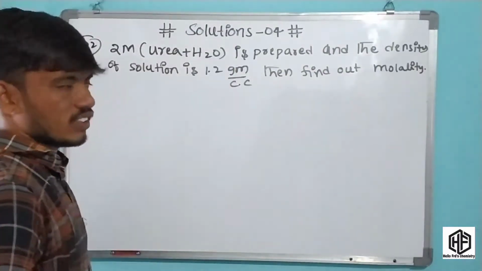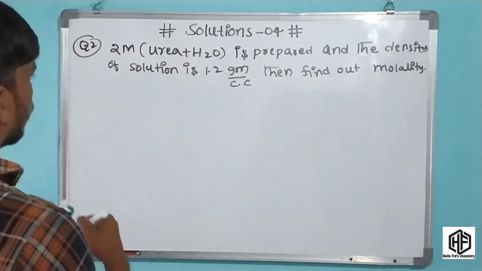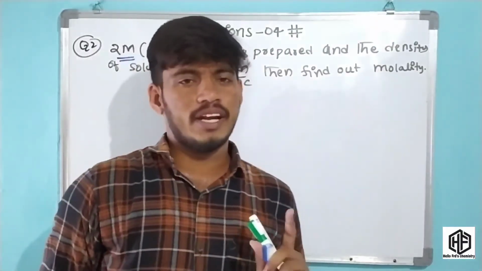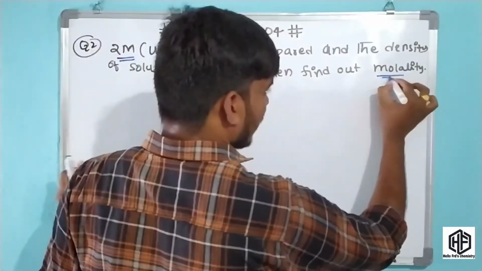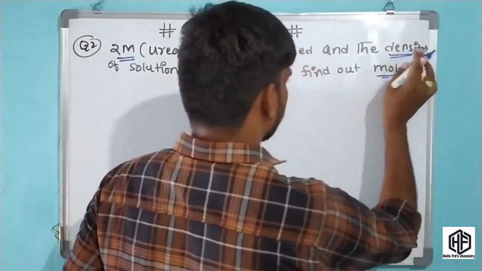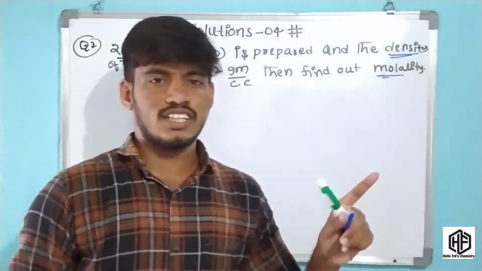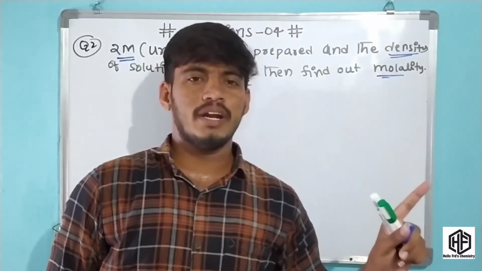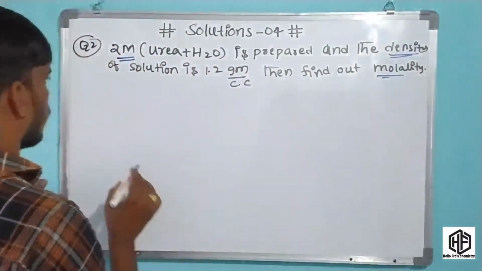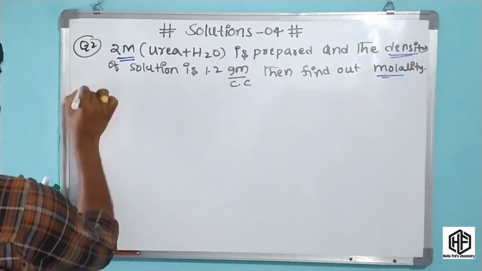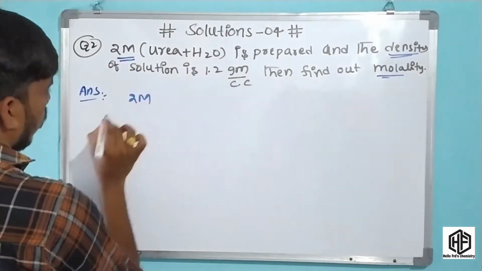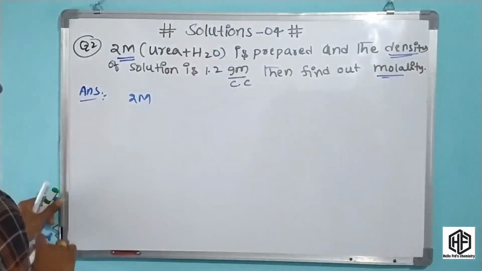Friends, generally in this kind of problem, molarity is a temperature dependent term, and molality is a temperature independent term. Now density is the interconversion term between temperature dependent and temperature independent terms. Okay friends, how do we solve this kind of problem? This is a 2 molar urea plus H2O solution.